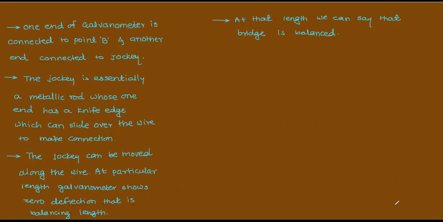So I am writing here another point in the diagram. At point D, the bridge is balanced and L1 is the balancing length.